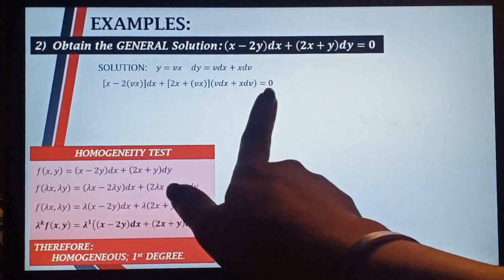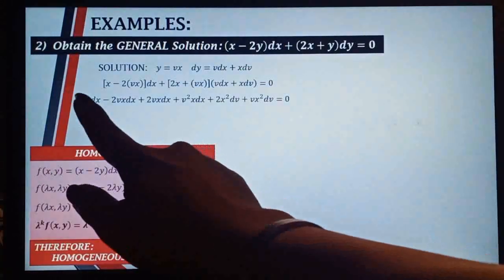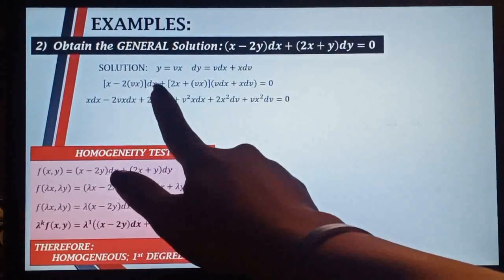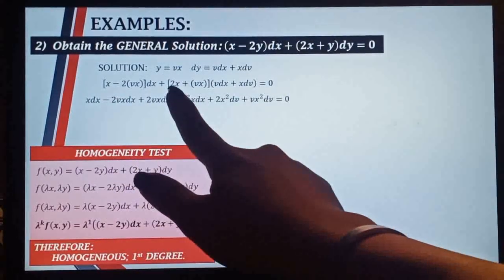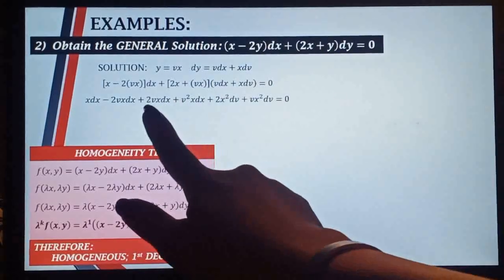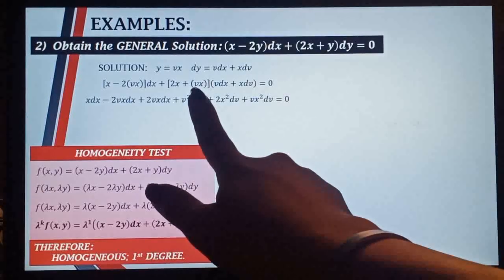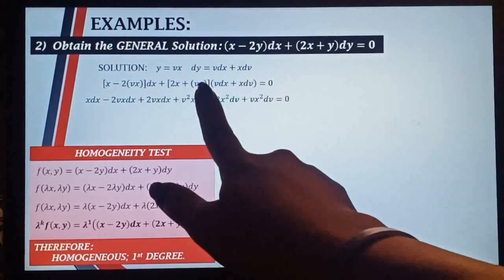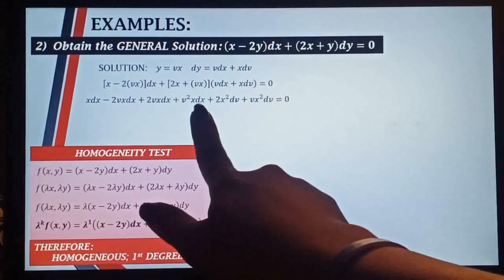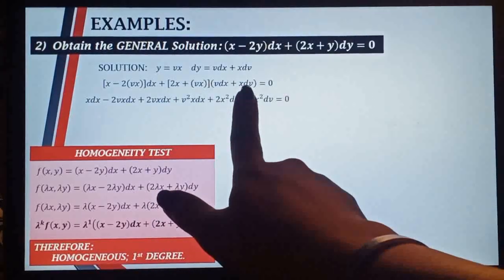Then simplifying this equation by distributing each term, you will now have x multiplied to dx minus 2vx multiplied to dx. Then first term, 2x multiplied to v dx, that is 2vx dx. Then, yung gitna, you will have v squared x dx. Tapos 2x squared dv.